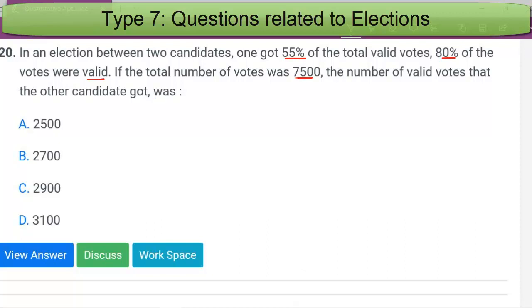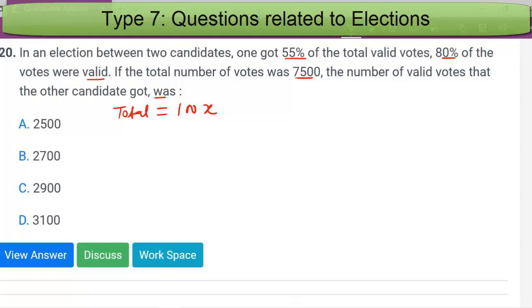To solve this, if you assume the total value as 100x, we know that 100x is equal to 7500, so x is equal to 75. There is no harm in that, or you can start with 7500 itself. I am starting with the total value as 100x.